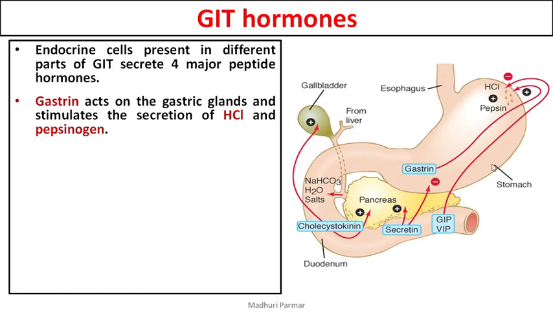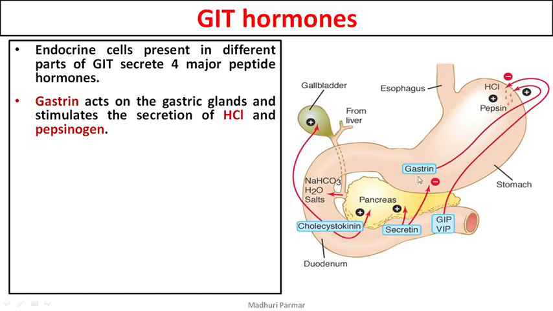The first hormone is known as gastrin. Gastrin, as you can see, acts on the gastric glands. Gastric or gastrin, whatever you hear, it has to do with your stomach. These gastric glands are the ones which secrete HCl and pepsinogen: hydrochloric acid, as well as the inactive form of pepsin, which is pepsinogen.